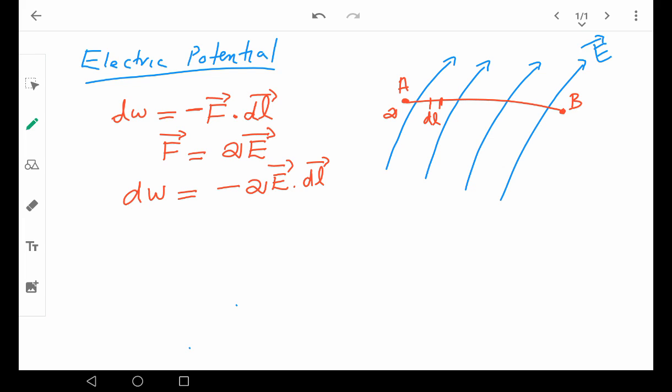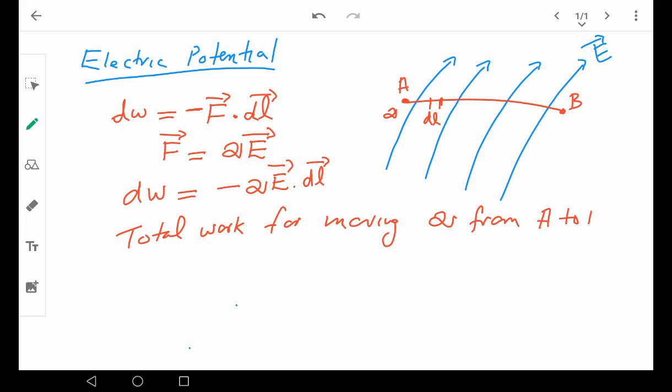So you can write the total work for moving Q from A to B as W equal to minus Q integral A to B of E dot dl.